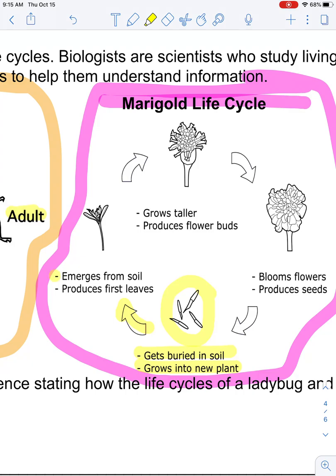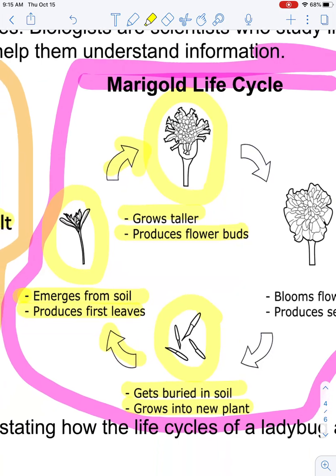So then the next step says it looks like this. This is when it emerges from the soil, that means comes up from the soil, and it starts to produce its first leaves. I'm gonna follow the arrow, and the third stage looks like this. Here it's growing taller, and it's starting to produce flower buds. I can see those in the detail of my picture.